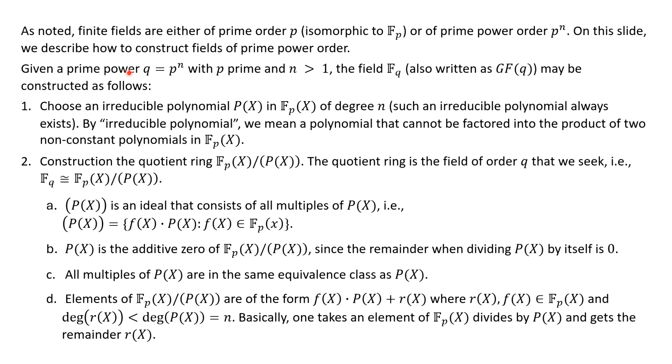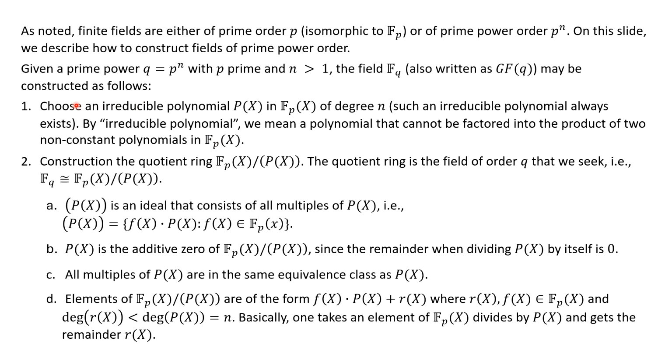So given a prime power, q equals p to the n, where n is greater than 1, the field F_q, in other words this p to the n, also written Galois field q, may be constructed as follows. And I'll give you two examples of this. It's a bit of a long procedure to do even one of these, so let me first give you the procedure here.